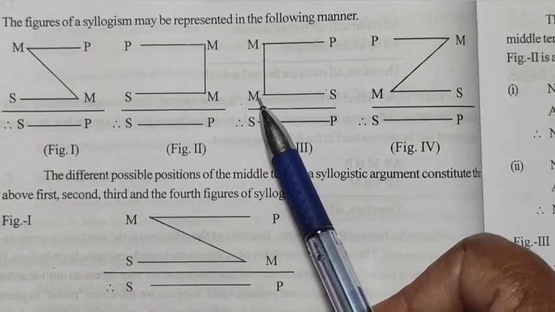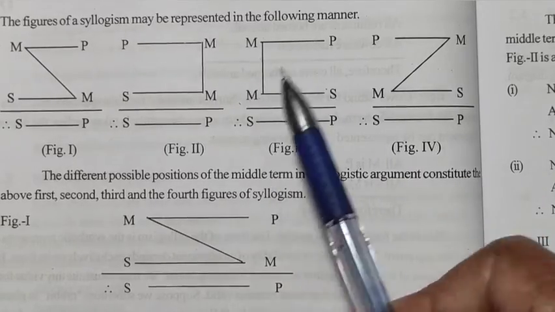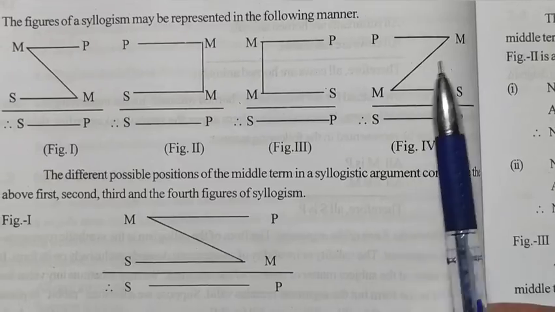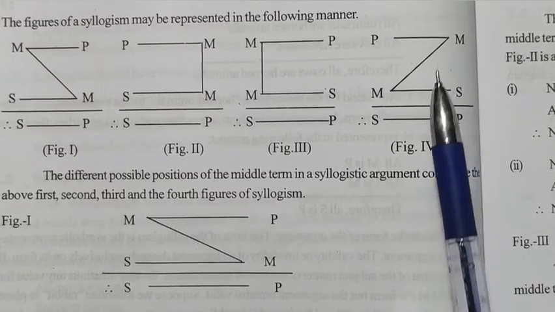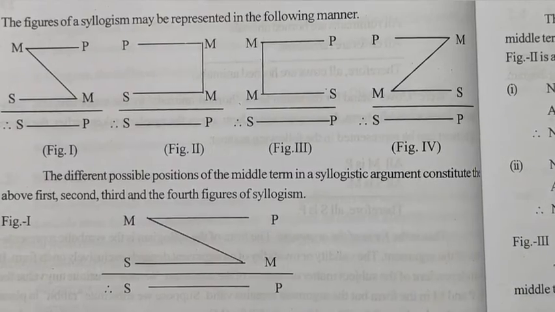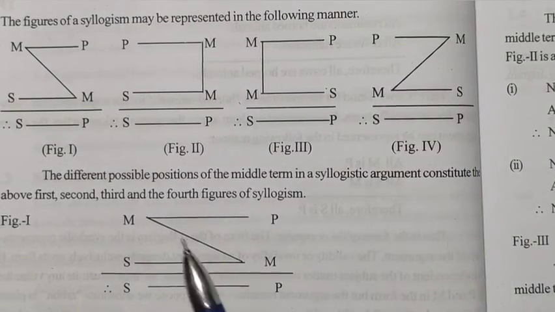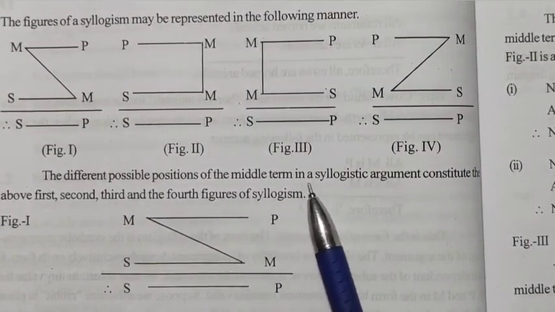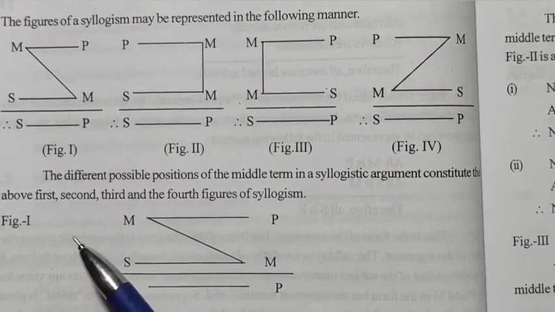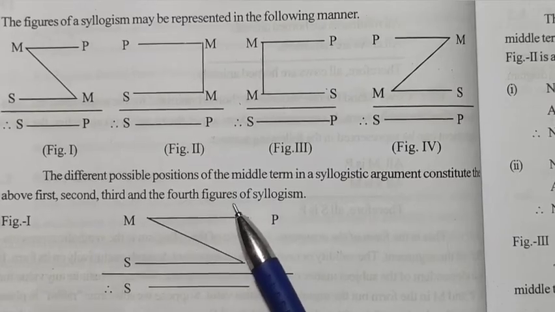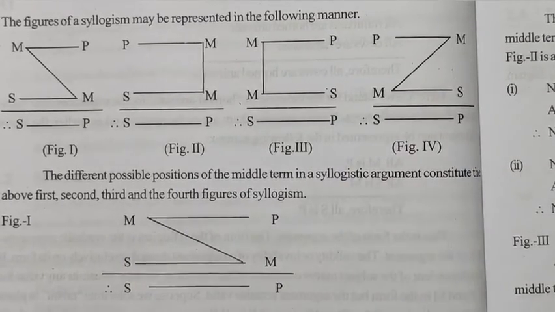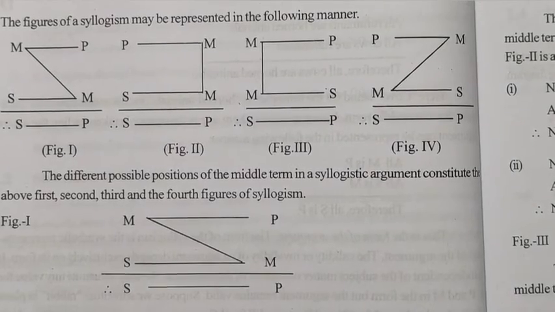And in the fourth figure the position of the middle term is predicate in the major premise and subject in the minor premise. So the different possible positions of the middle term in a syllogistic argument constitute the first, second, third and fourth figures of syllogism.